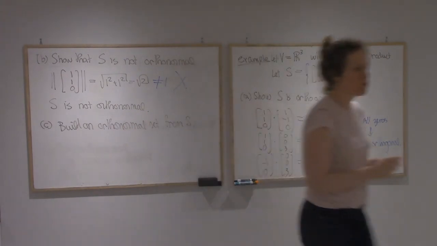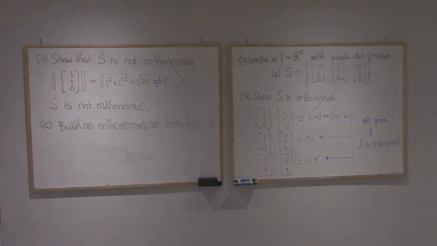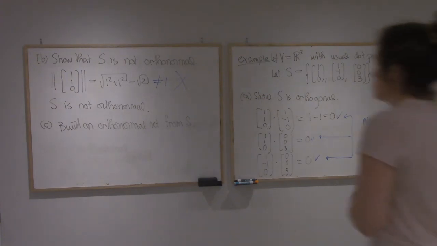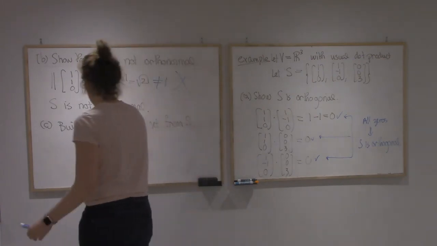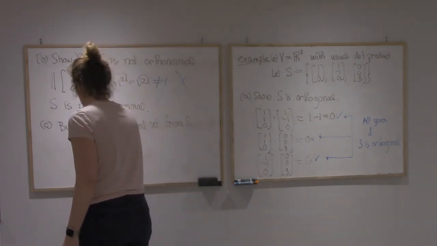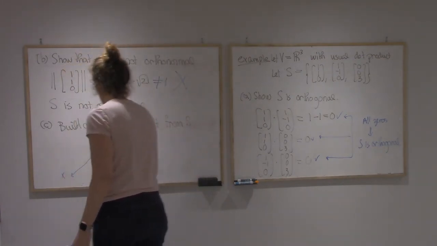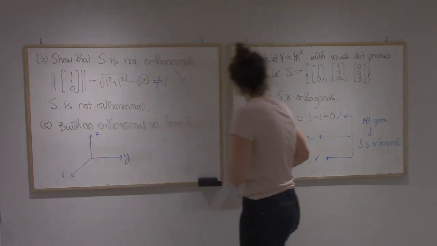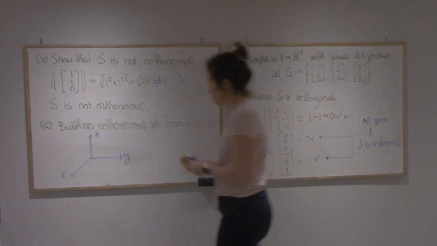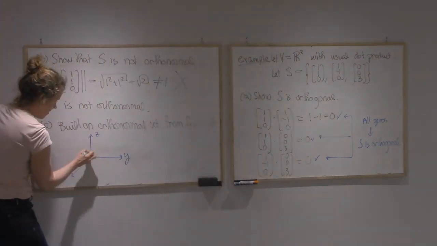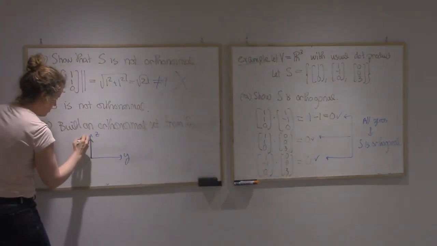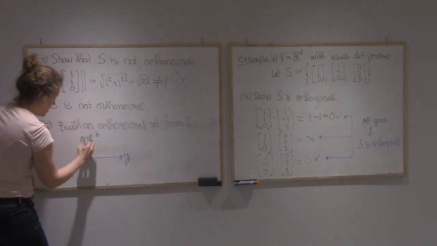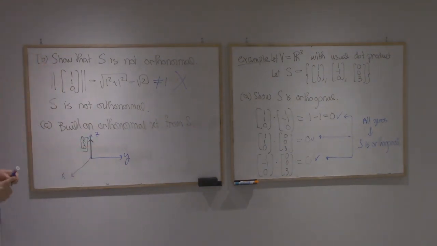Let me draw the picture of what's going on. I have R3, I have X, Y, and Z. The last vector is the easiest to sketch, so let's start with that. We have a vector here, (0, 0, 3), of length 3.